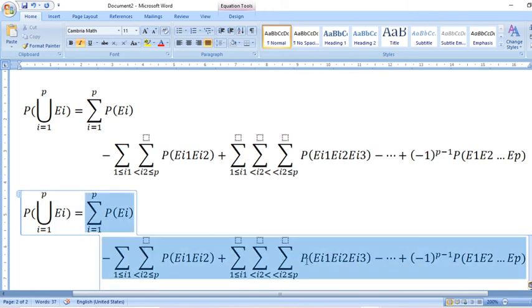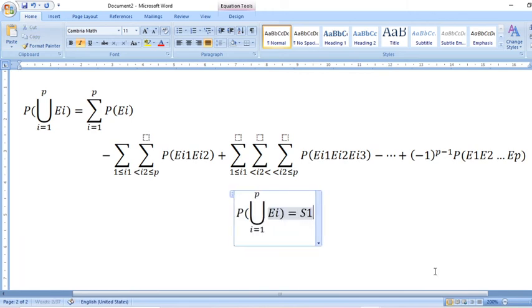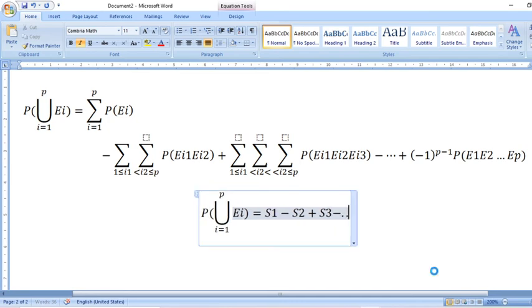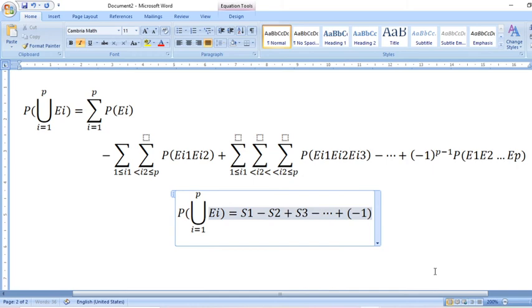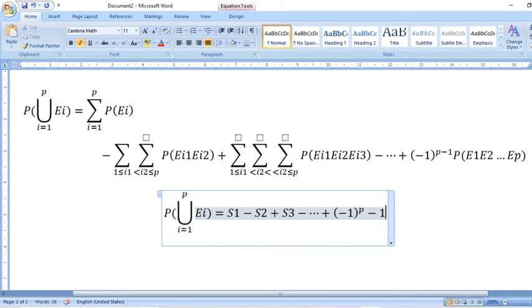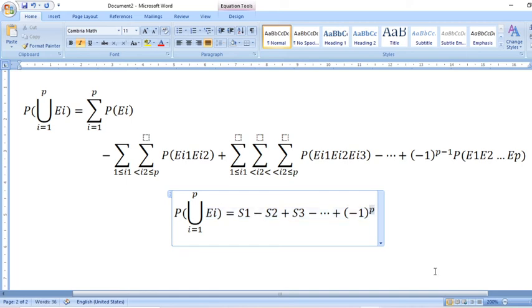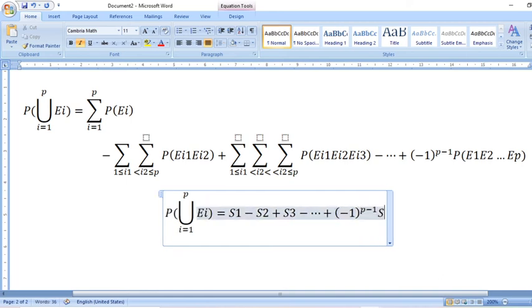So instead of first term we can write S1 minus S2 plus S3 minus etc. Last, minus 1 raised to P minus 1, SP.